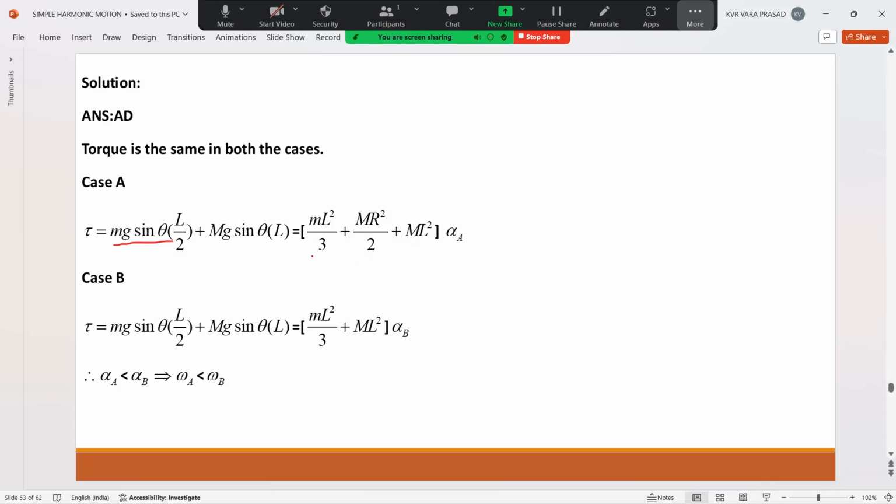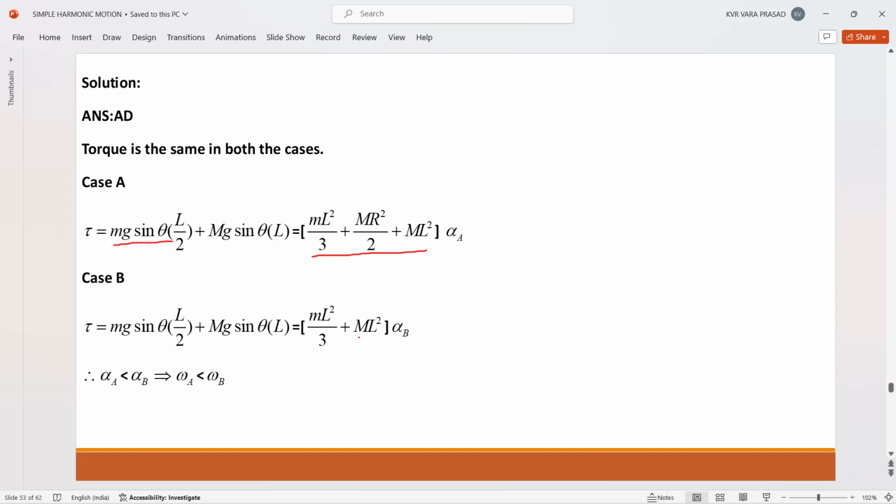So this is the I value in case A. And if you see case B, for the rod there is no change, ML square by 3. But for the disk, since the disk is free to rotate, it is a pure translation. So we are replacing the disk with a point mass at its center of mass. That's why only ML square.